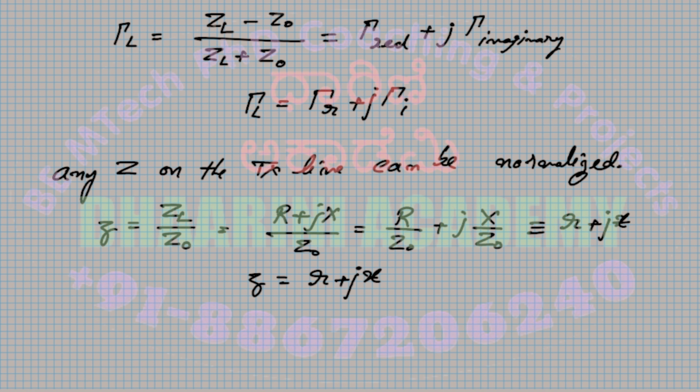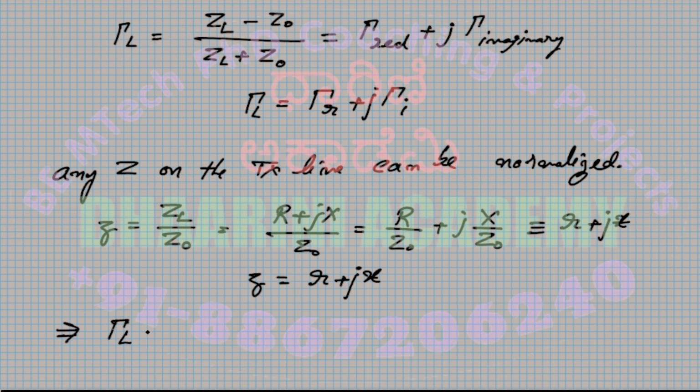Now I see that the gamma L, which has ZL minus Z naught by ZL plus Z naught, I can try to write that in the same fashion, right? I can write it in the same way. So this implies, let's write the reflection coefficient.